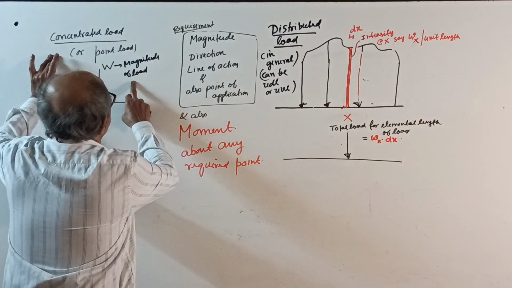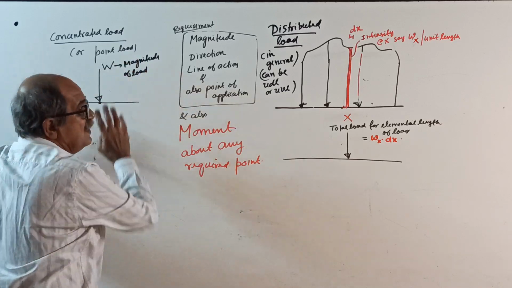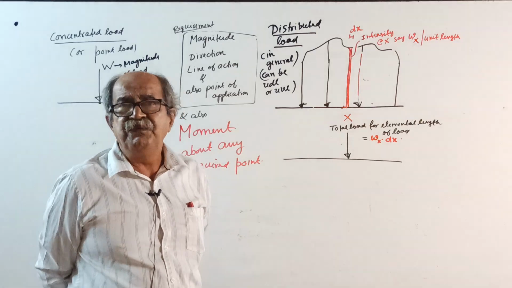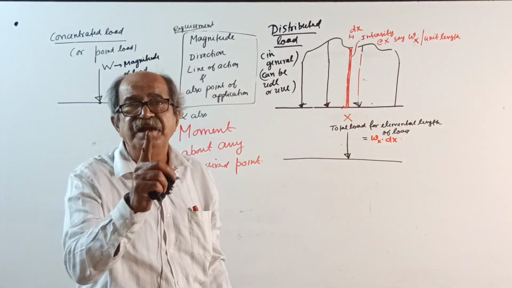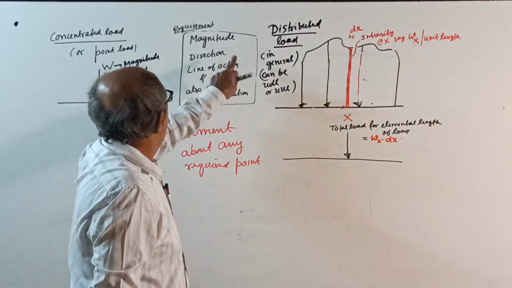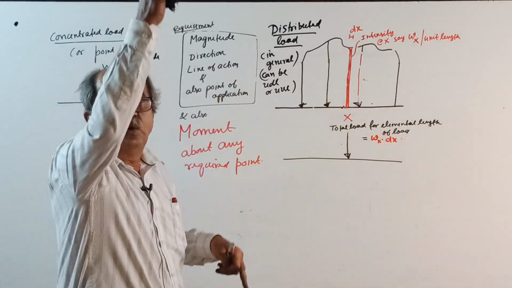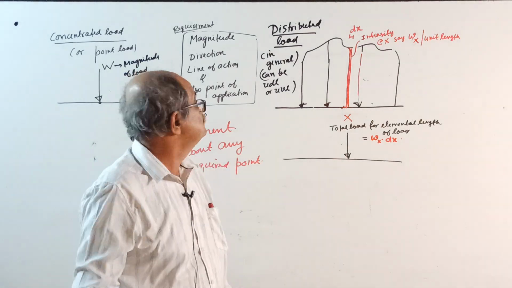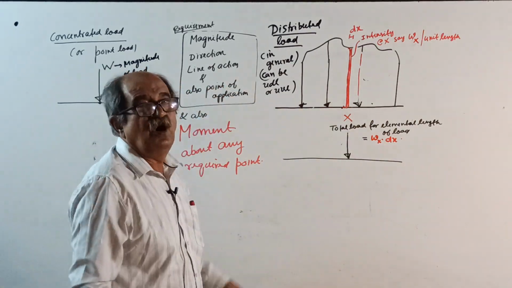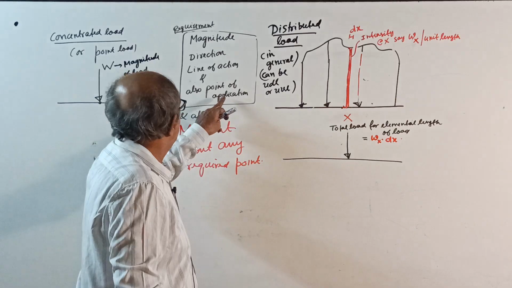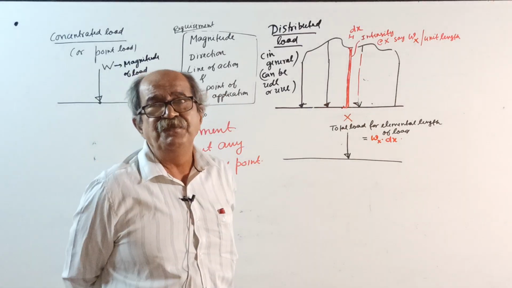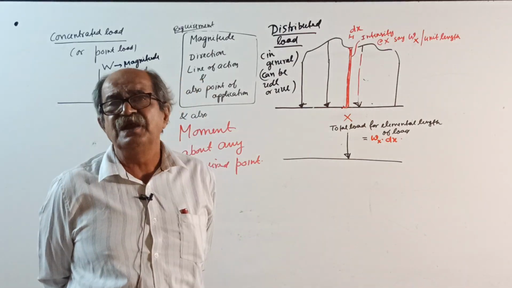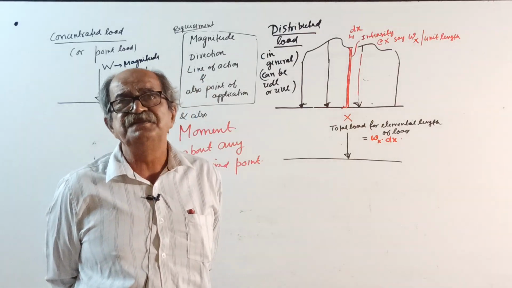Now, remember, before going here, the purpose of this class is different types of loads. You should write it. What we need is the magnitude of the load. Direction is crystal clear. Line of action of the load, and also the point of application. Sometimes along the line of action, if you change the point of application, it will give complete nonsense results.